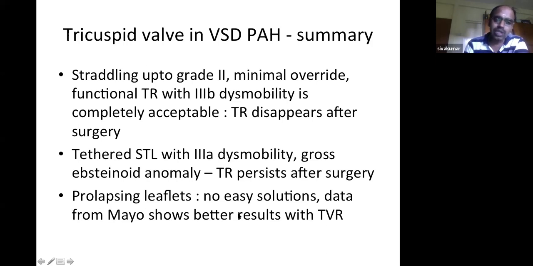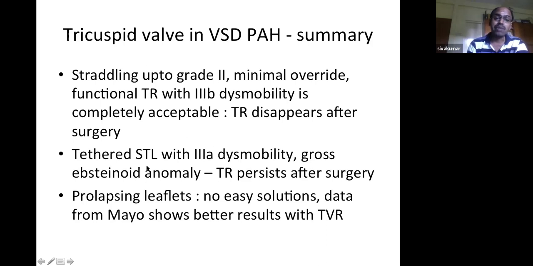Markedly prolapsing leaflets also, unlike in mitral valve, where mitral valve prolapse will have excellent results, in tricuspid valve prolapse the results are so unrewarding that people who are experts in managing left AV valves from systemic right ventricles have commented it is better to go for tricuspid valve replacements in these situations, because chances of reoperations, if you try to retain these tricuspid valves in the presence of a double switch or an anatomical repair, are going to be extremely high.